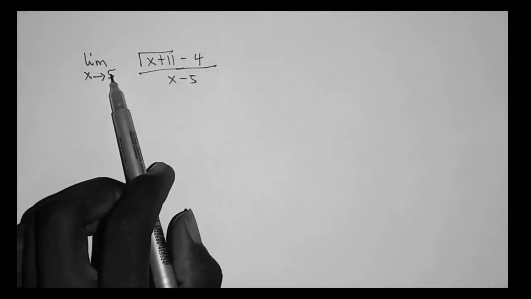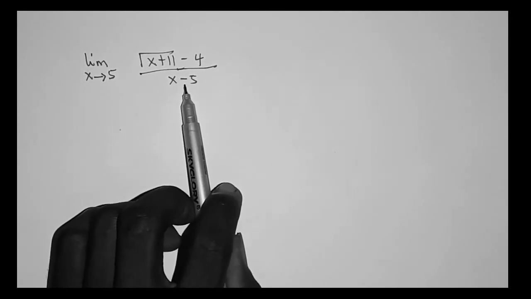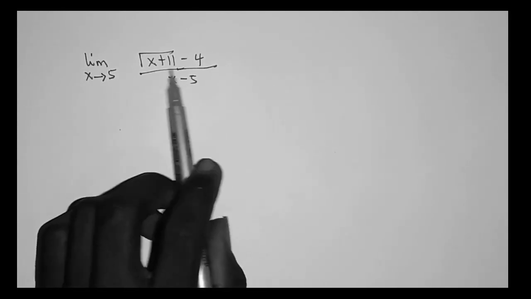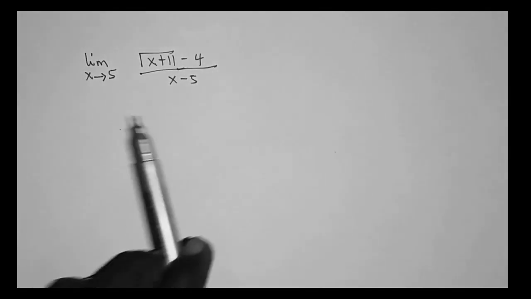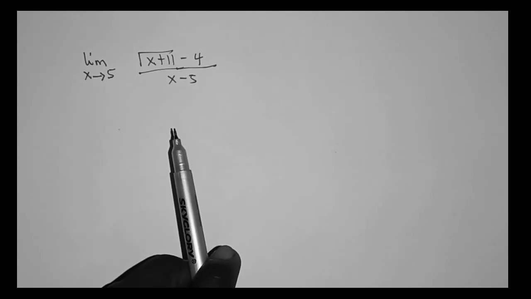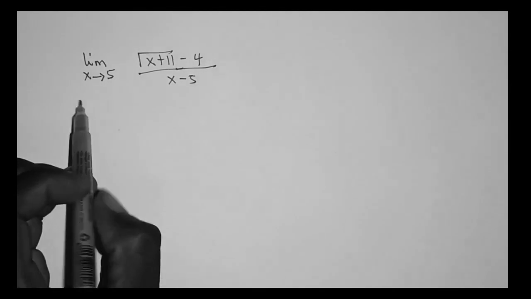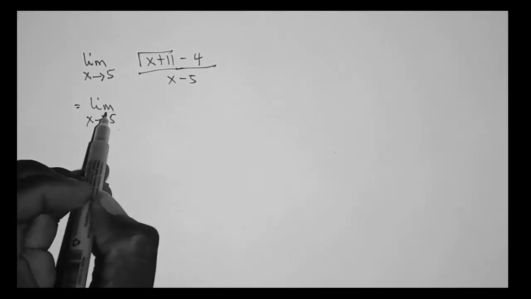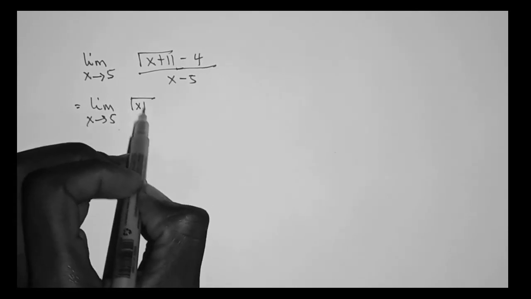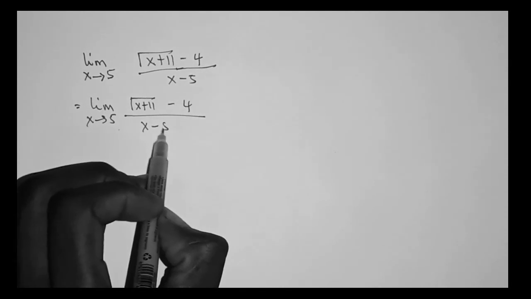You see that if you put x equals 5 in this function, it will make the denominator 0, and that will make this function undefined. So what we need to do is to rationalize. So this is equal to the limit as x approaches 5 of square root of x plus 11 minus 4 over x minus 5.